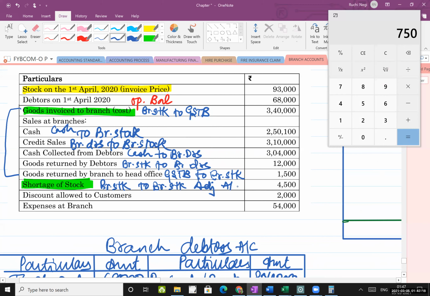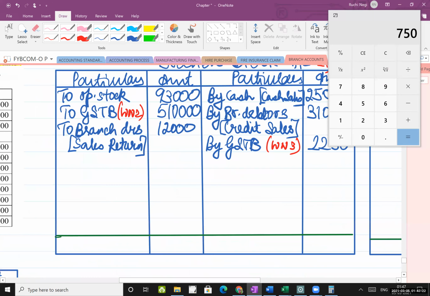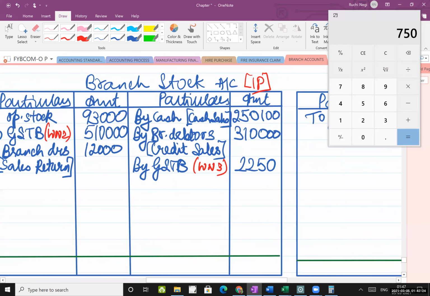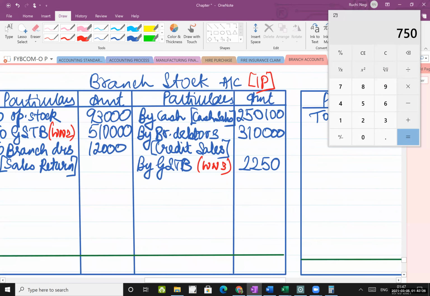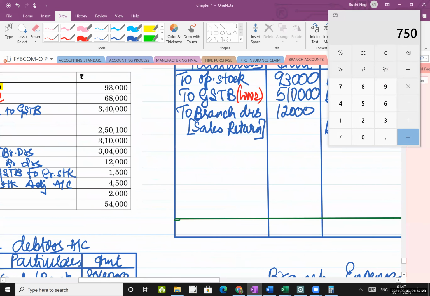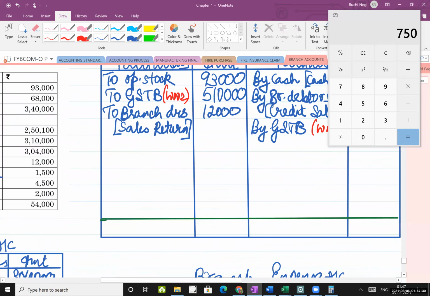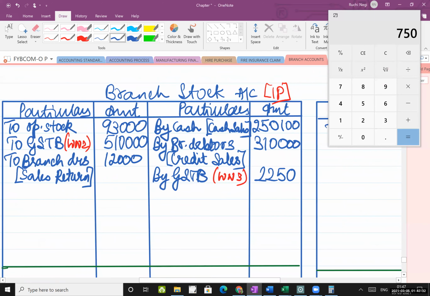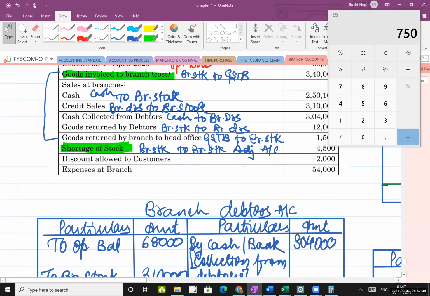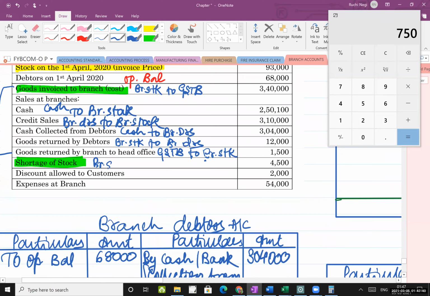Shortage of stock is a loss, so that is why branch stock is debit. It's a loss, right? So it will actually come on this side. Yes, it's a loss, no doubt, so it will be debit. The branch stock adjustment will be debit to branch stock.